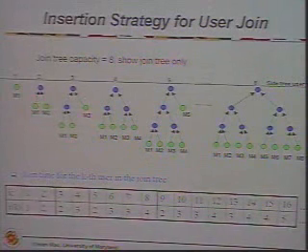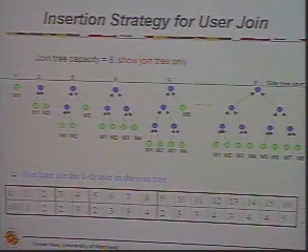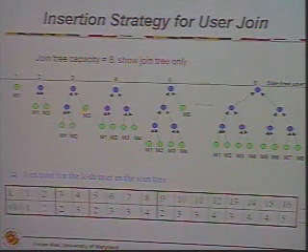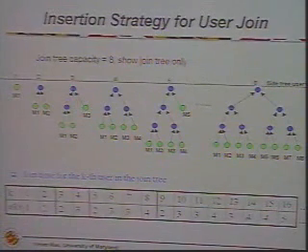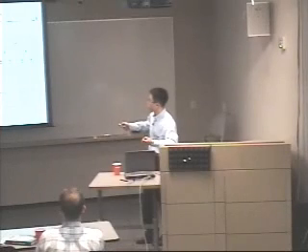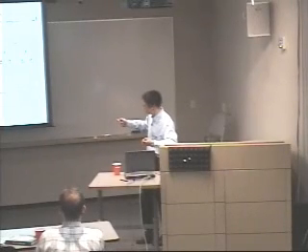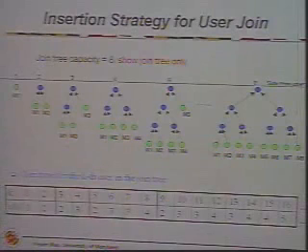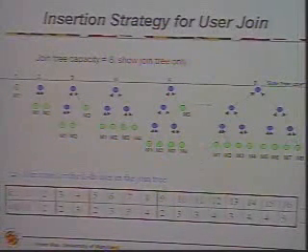When M3 joins, since M1 and M2 already form a balanced subtree, M3 is inserted at the root of the join tree. M4 is paired with M3. And then when this part becomes a full balanced subtree, M5 is again inserted at the root of the join tree. So in this way, we can systematically grow a balanced key tree.